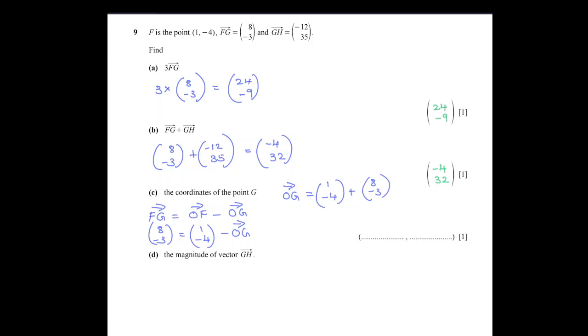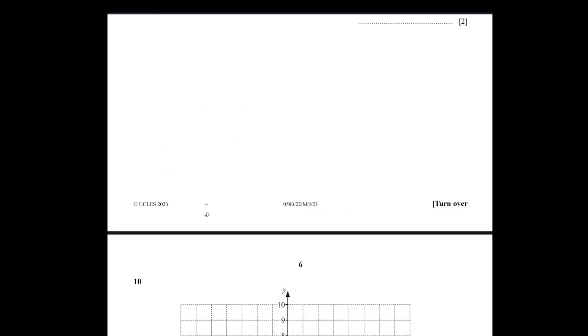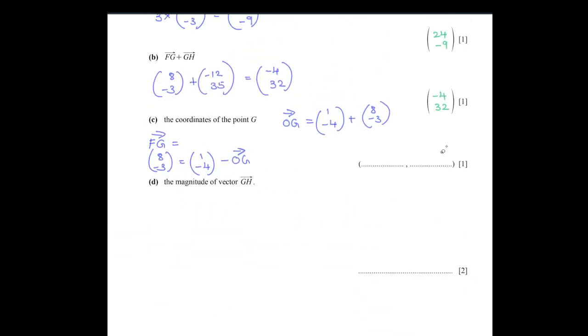Yeah, this is not OF minus OG, it should be OG minus OF. Vector OG minus OF. See, I'll explain here a little bit more deeply. Suppose this is O and F is somewhere here and G is somewhere here.